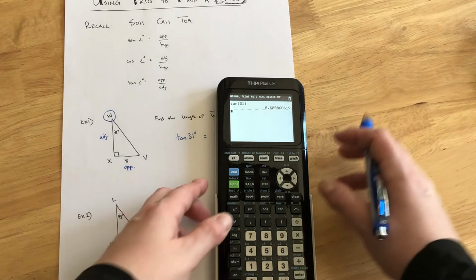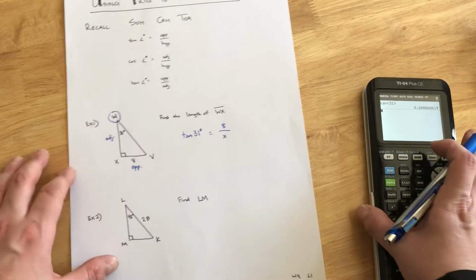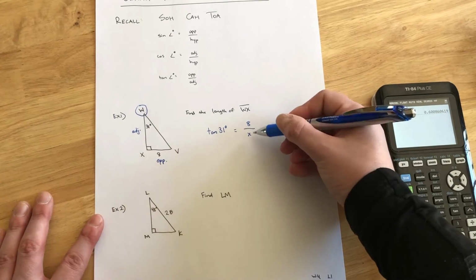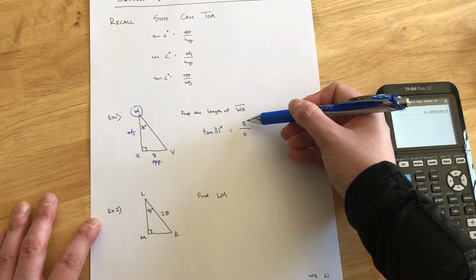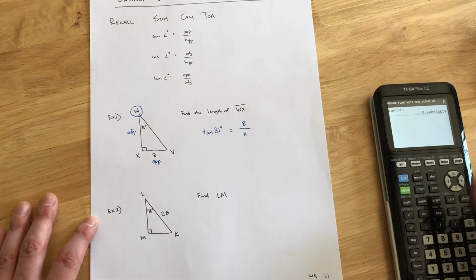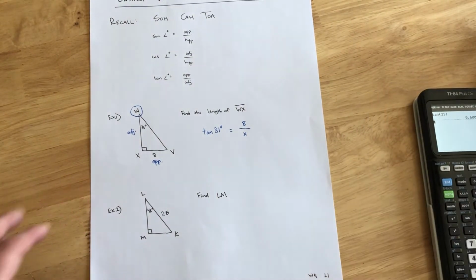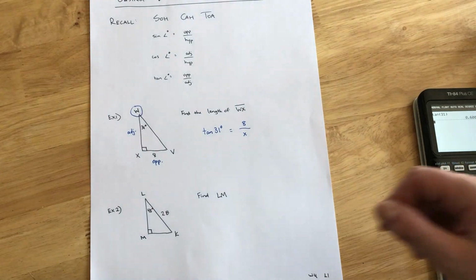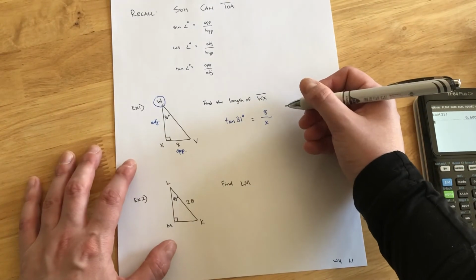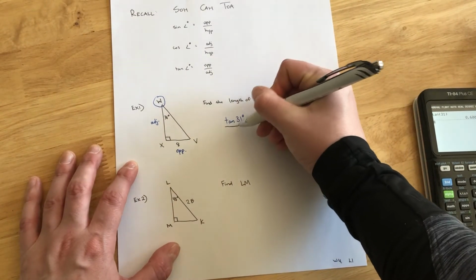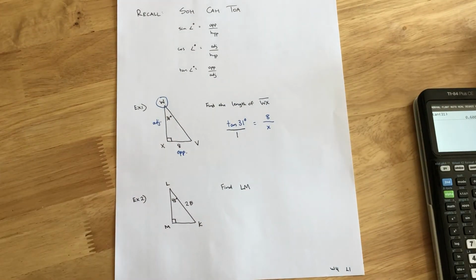Okay, well that's great, but that doesn't help us find x just yet. Our job is to find some value of x that when we take 8 divided by that number, it would be equal to that ratio 0.6... So how can we do this? Well, let's turn this equation into a proportion. Let's put tangent of 31 degrees over 1. That way we don't change its value, but we make it look like a fraction.